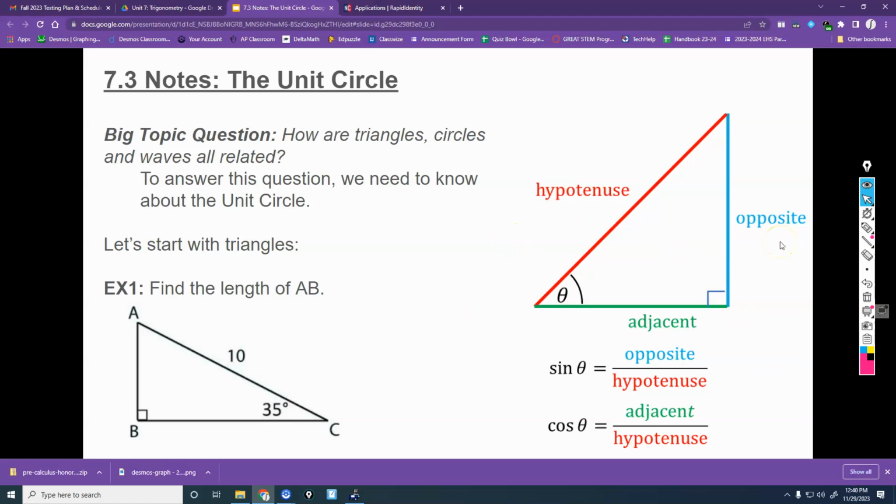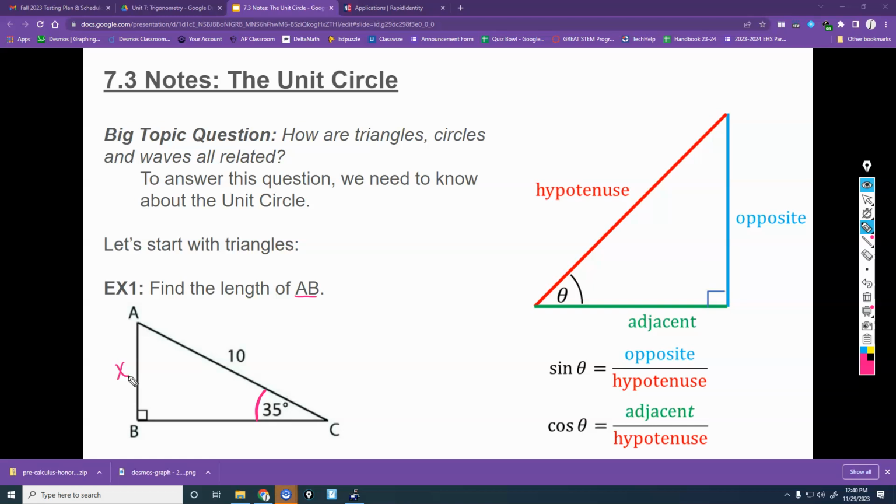Really, we're just doing a quick review here because we don't really need to know how to do the Math 2 triangle stuff, other than we need it to be able to connect these ideas. So we're just going to do a couple problems. We may not even do all of these examples that I have here. So if I have this angle right here, and the question has asked me for the length of AB. So AB is this side right here. I'm going to call it X. Okay. The first thing I need to do is decide whether I have opposite, adjacent, or hypotenuse.